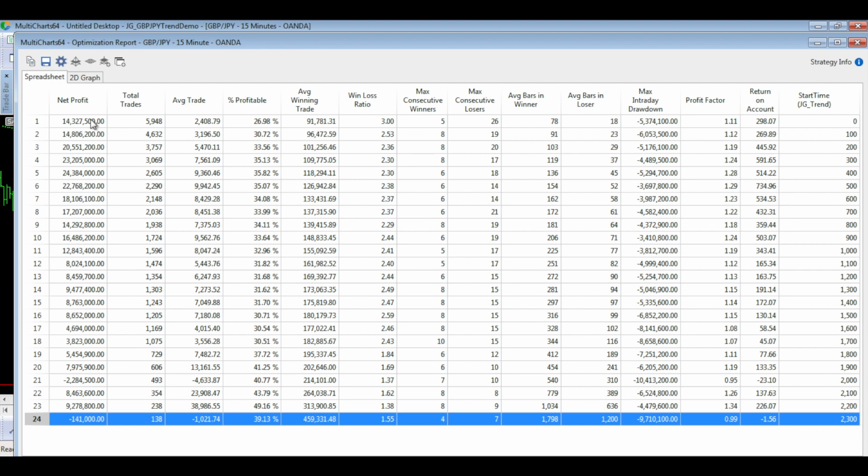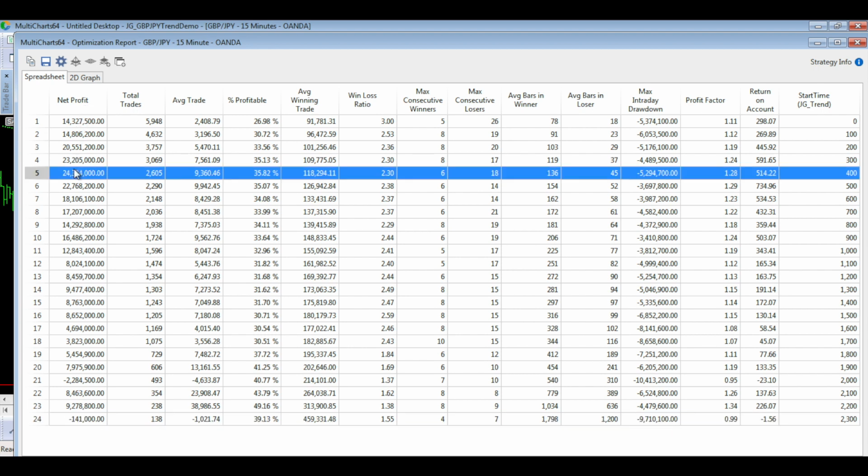And looking at the net profit, we can see that the best net profit is at 4 a.m. in the morning, and it's not quite the best average trade. Going a little later gives us a better average trade, but there's not a lot in it. So for now, I'm actually going to use 4 a.m. So that's literally our first step or our first development.